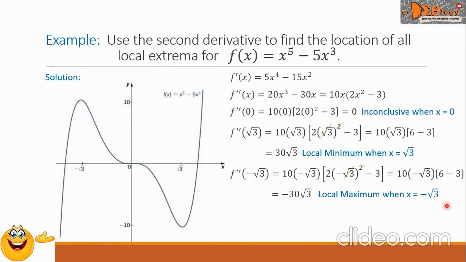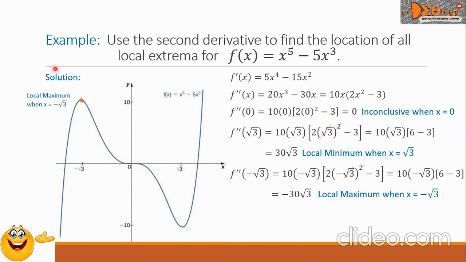Using the graphing facility, this is the graph of our f of x equals x power 5 minus 5x power 3. Let us examine the graph at its critical points when x equals negative square root of 3, when x is equal to 0, and when x is equal to square root of 3.